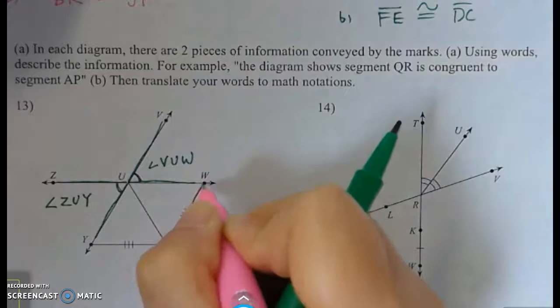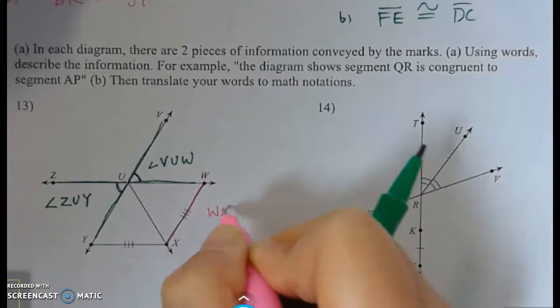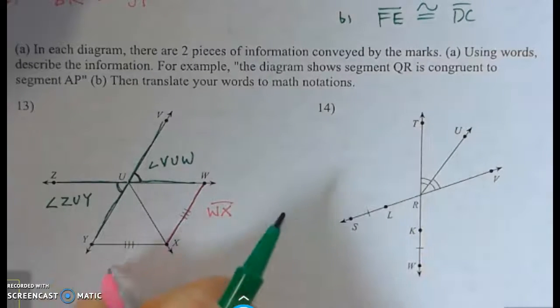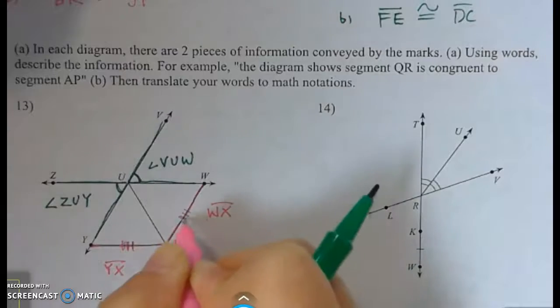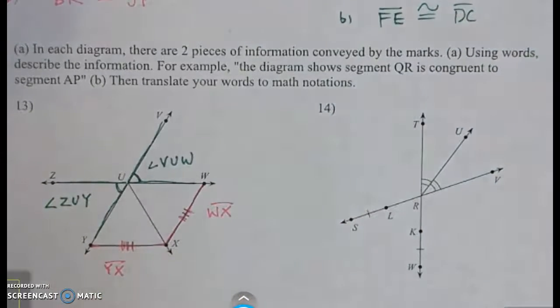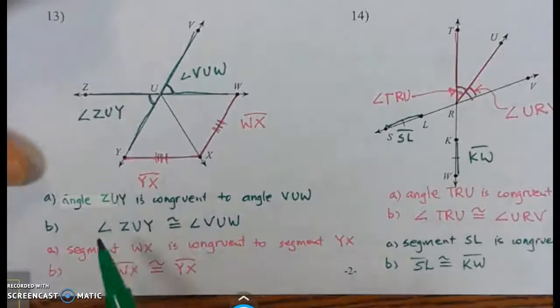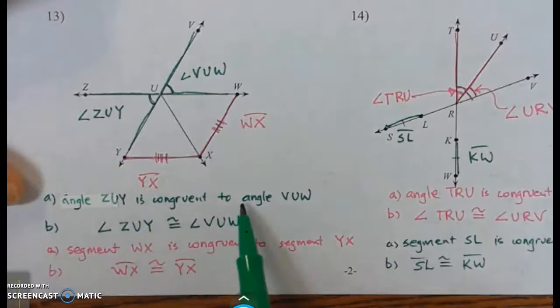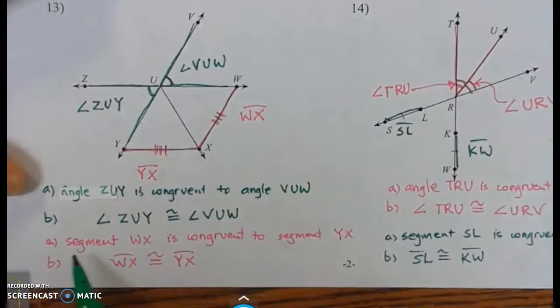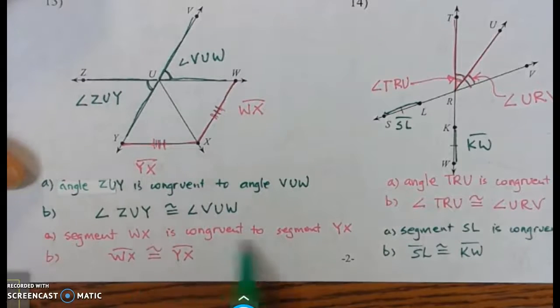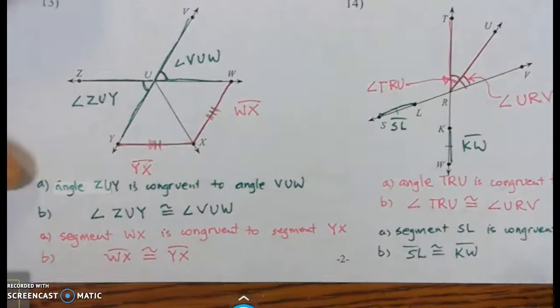The segment starts at W and ends at X, and this segment here starts at Y and ends at X. So if I was to write it out, angle ZUY is congruent to angle VUW, and this is the notation. And then segment WX is congruent to segment YX, so WX with a line over it is congruent to YX with a line over it.